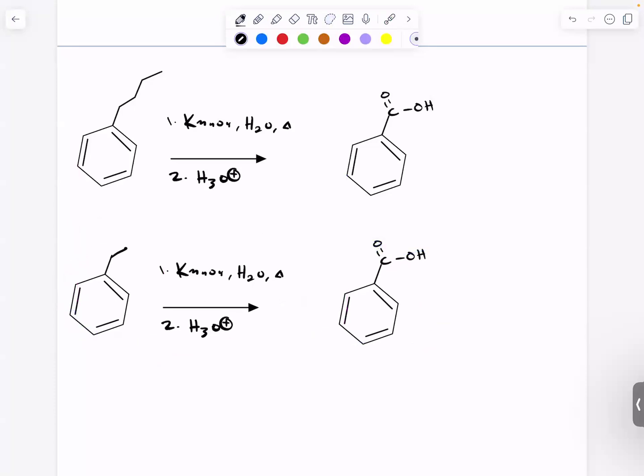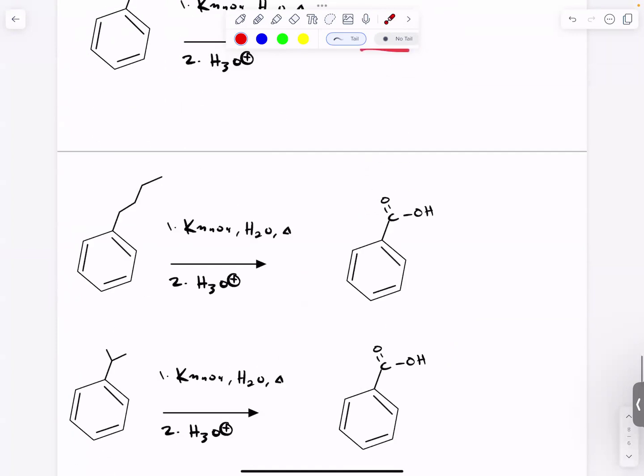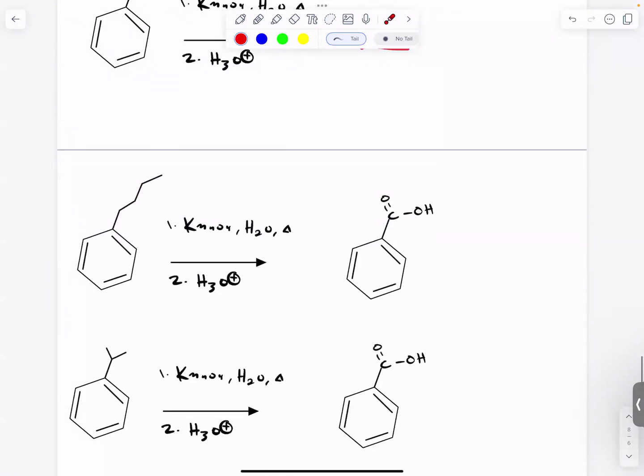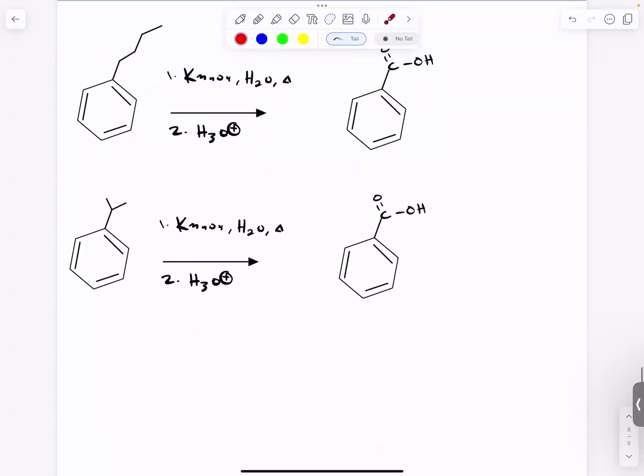If I'm branched and I have, this is now more of a secondary type of carbon, then that carbon is still able to make your carboxylic acid because it has one benzylic proton hanging on for dear life. So again, once you get into the isopropyl, well, this is isopropyl. Once you get into the tert-butyl, then we have inability to make our carboxylic acid. Gotcha. Awesome.